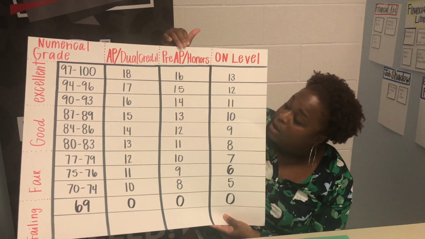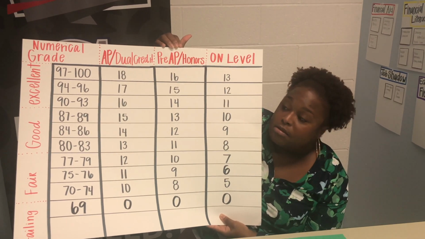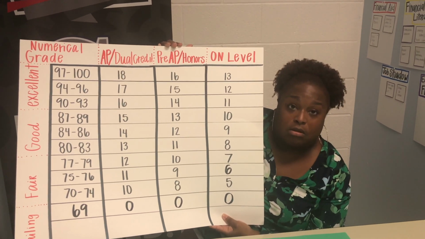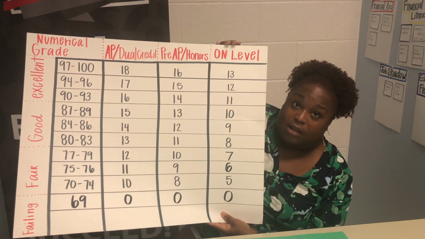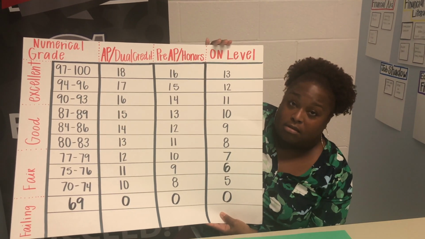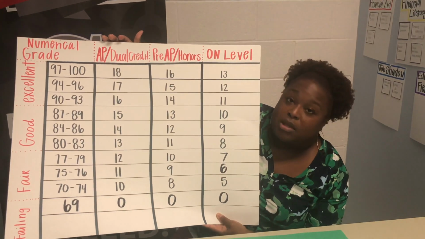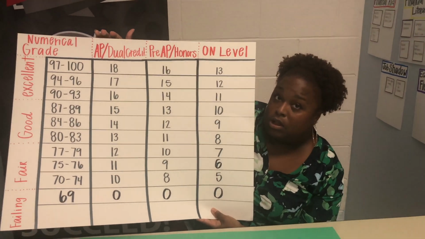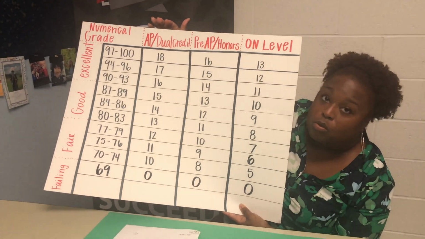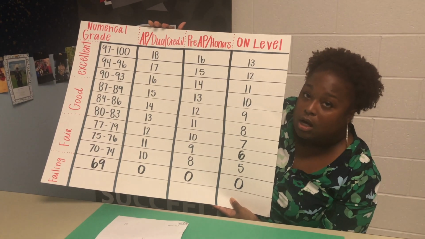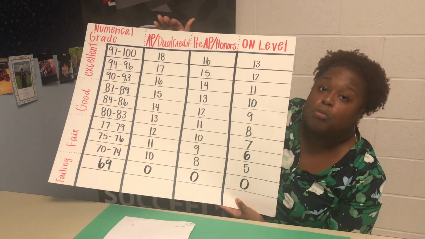But if you're in a pre-AP class and you get between a 97 and 100, you only get 16 grade points. But it's even lower if you get between a 97 and 100 and you're in an on-level class. So what does that mean? That means we give more credit to students who attempt harder level classes. And remember, the more rigorous classes that you have, the easier it is for you to do well in college because the rigorous courses prepare you for those college courses.